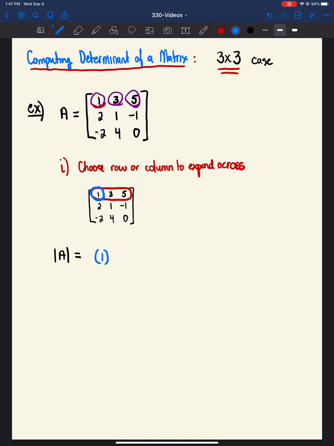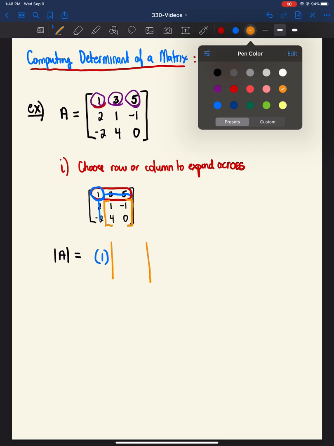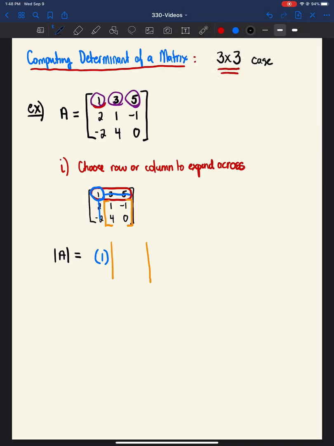Now the other items in that same row and column, we effectively get rid of. So what we're actually looking at then looks like that 1, and then a submatrix inside of that greater 3 by 3 matrix. And that submatrix, we actually take its determinant. So notice those vertical lines, meaning determinant, and we find the determinant of that submatrix 1, -1, 4, 0.